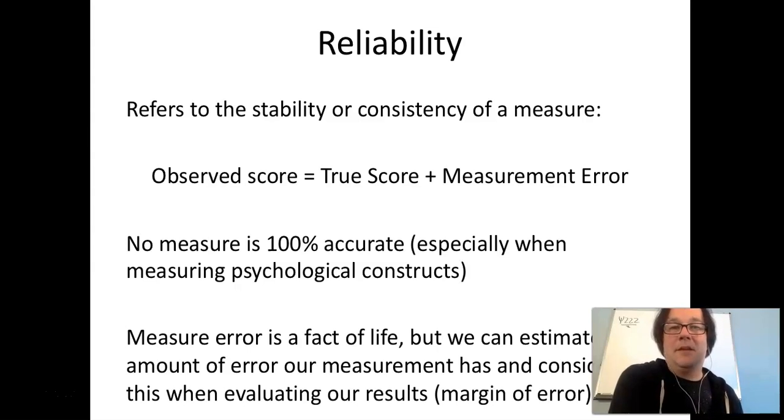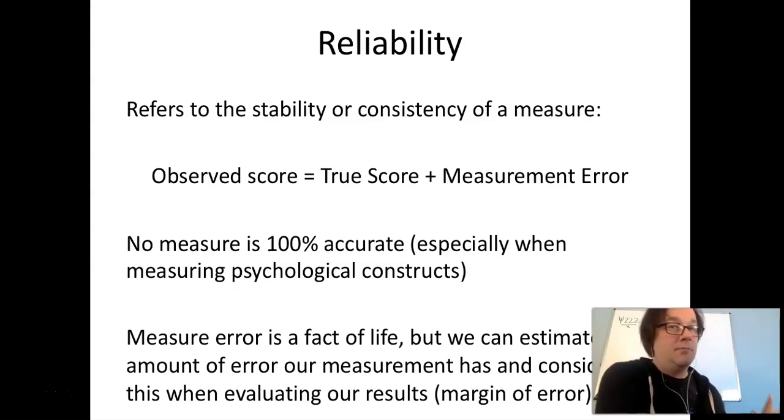I'm a big baby when it comes to that. Why? Because we experience pain differently, right? So part of that error is measurement error, because the scale is not going to account for all those individual differences. Measurement error is going to be a fact of life.